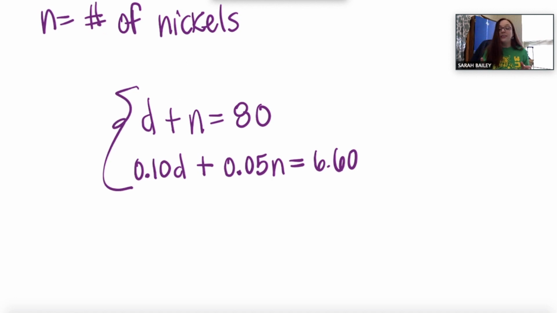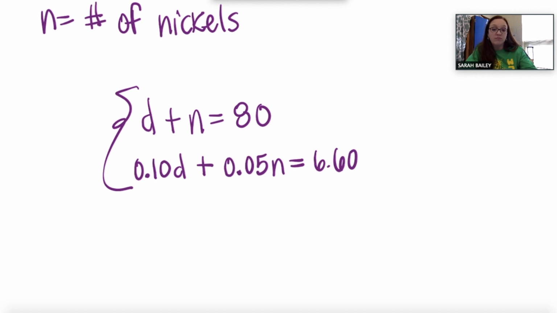So there's my system. Now we'll solve this system. Now for this particular system, I would solve this system using elimination because both of these equations are written in that standard form. So to solve this one, I've got to multiply one of the equations by something. So do you want the D's to cancel or do you want the N's to cancel?